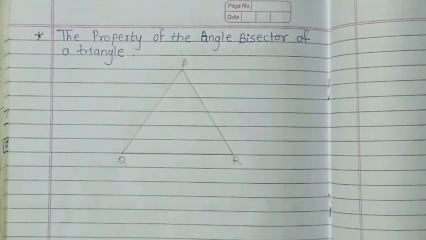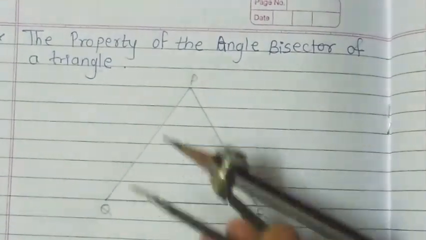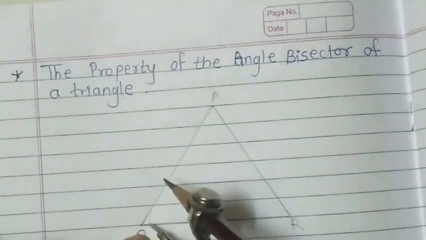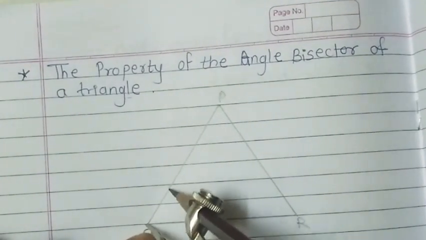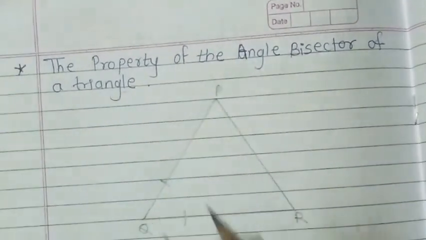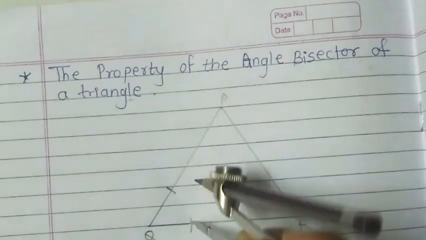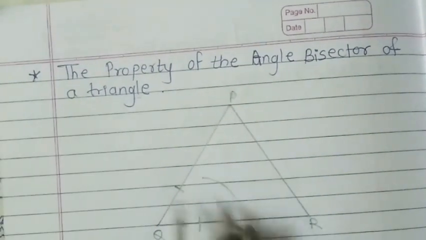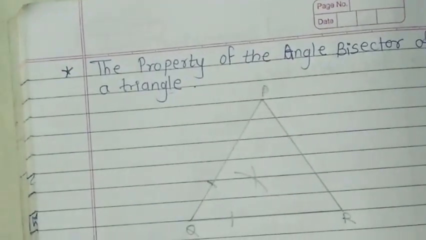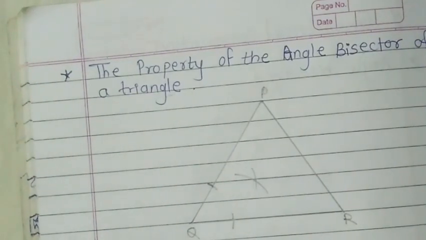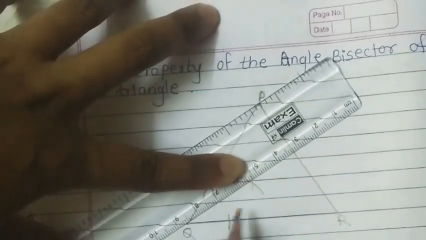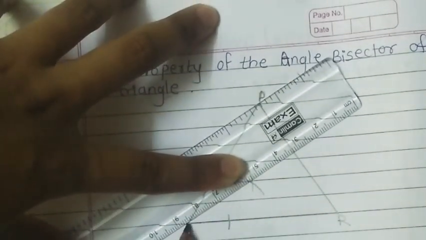Okay. So let us bisect these three angles with the help of compass. So first I will bisect this angle Q. Take convenient distance. Draw two arcs. Then keep same distance and draw another two arcs. Drawn. Now after that, with the help of scale, from the vertex Q, we will join this.